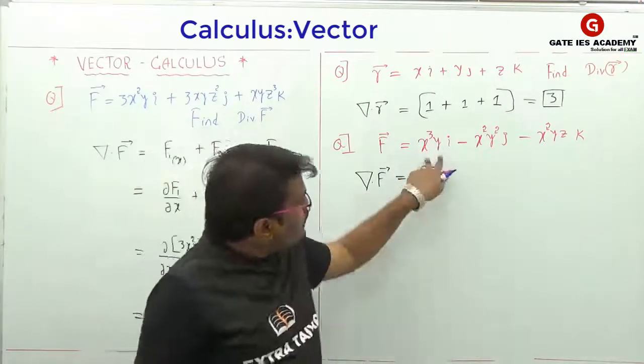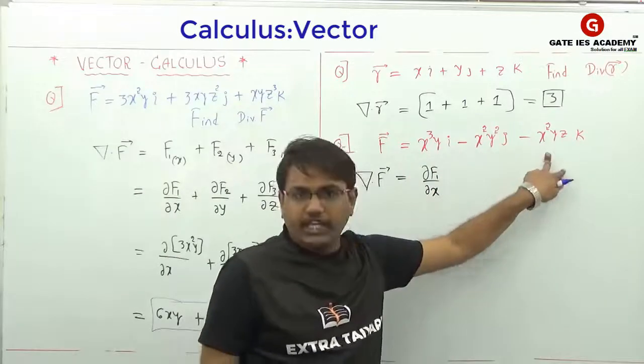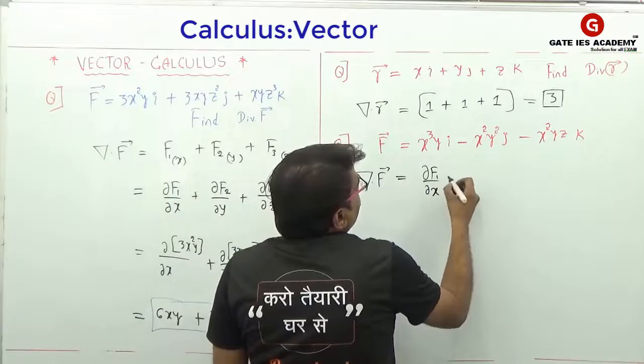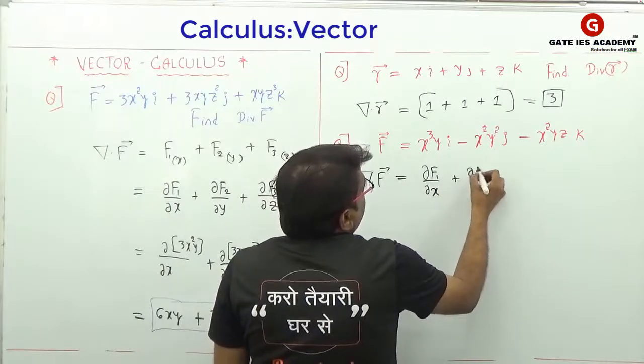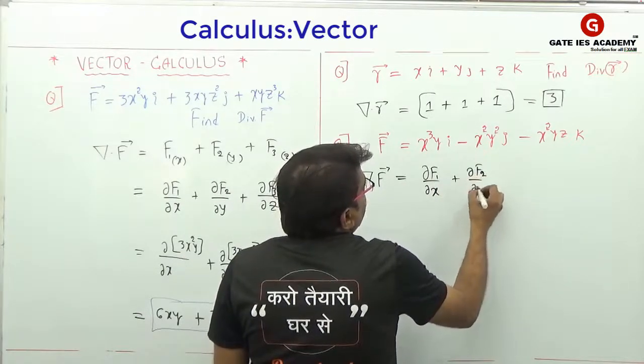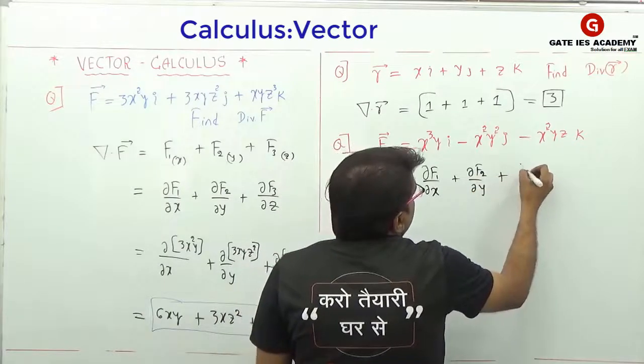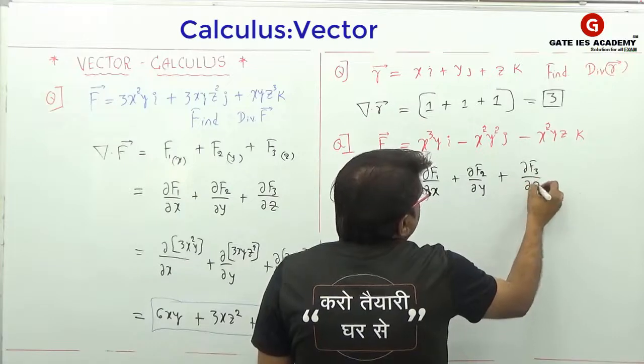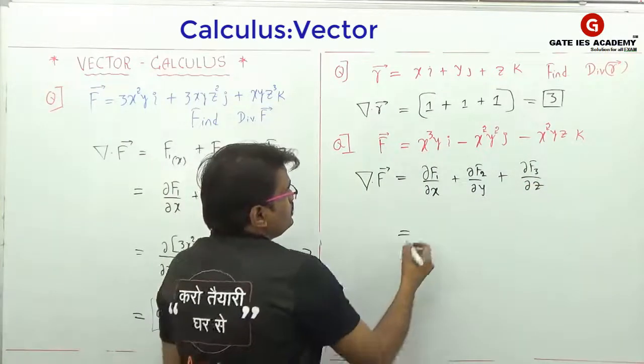So this is f1, this is f2, this is f3. Dou f1 by dou x plus dou f2 by dou y plus dou f3 by dou z, right?